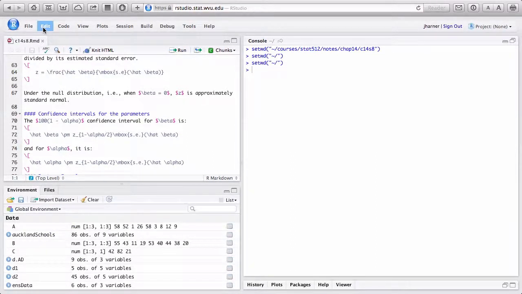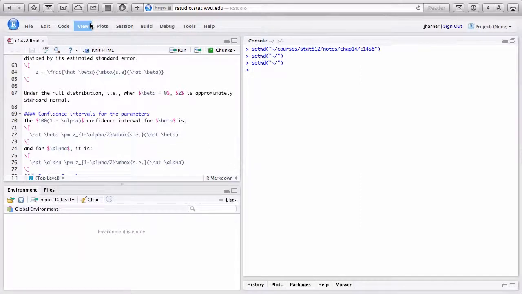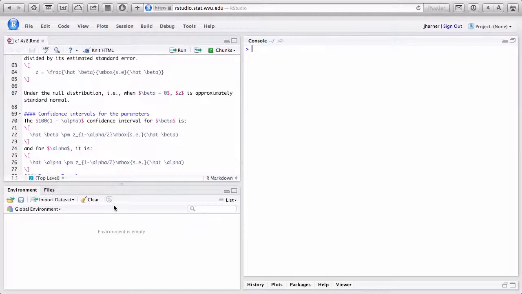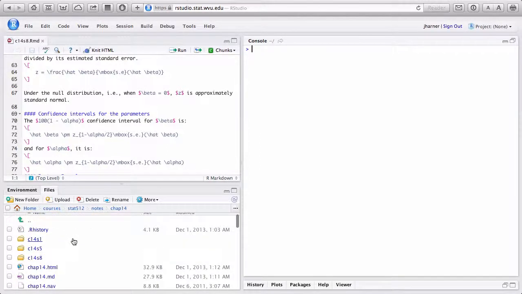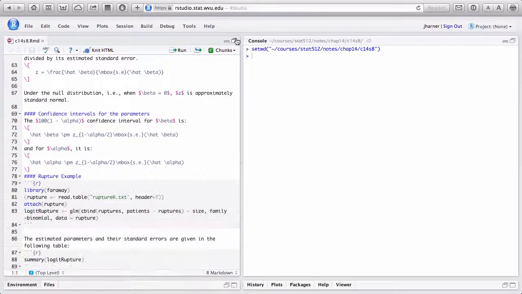I'm going to clear this out, and then I'm also going to clear the console. So let me execute this and I'll give you a sense of what we'll be doing.